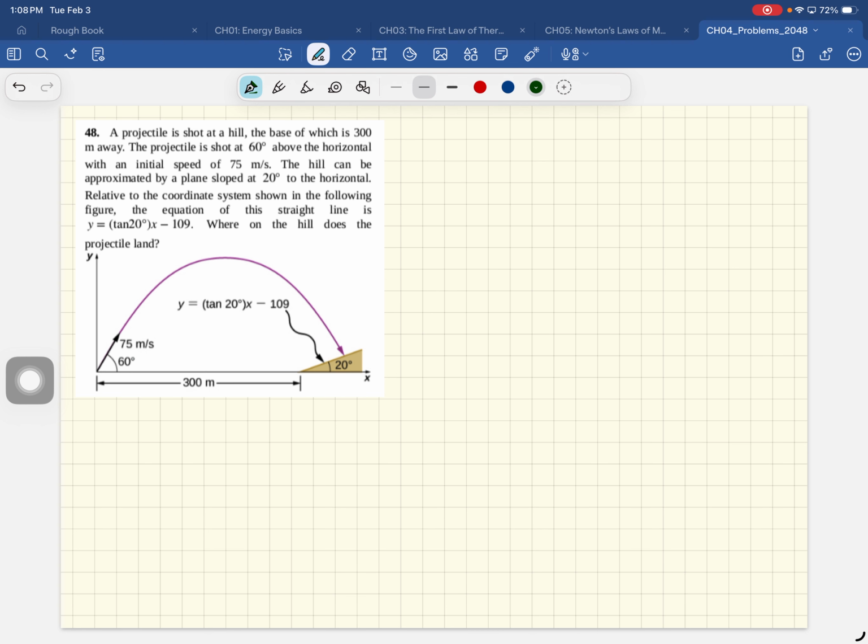All right, so let's look at the x motion, x minus x naught. This is 0, x naught is 0, equal to 75 cosine 60 t.